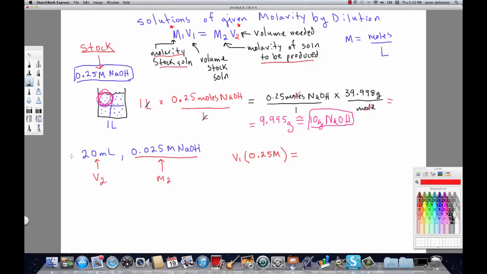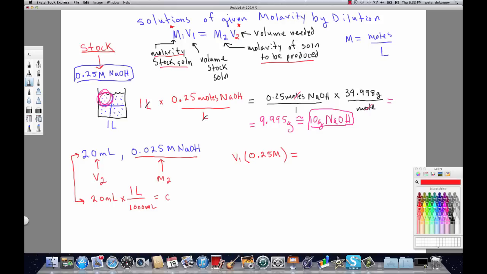Now, caution: we're in molarity, which means we need units of liters. So you're going to need to convert your milliliters to liters. You just need to remember that 1 liter has 1,000 mLs in it.